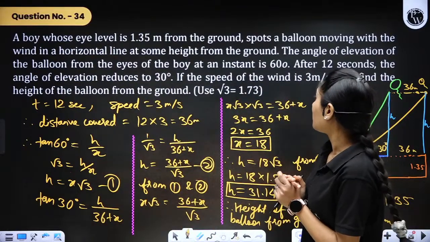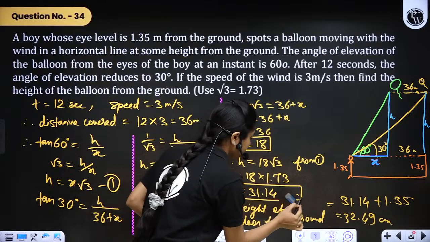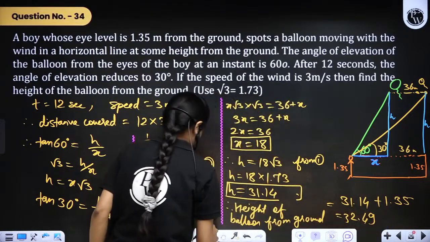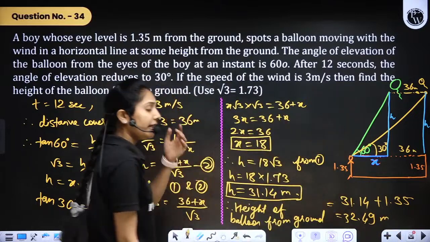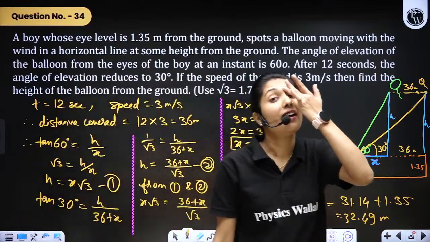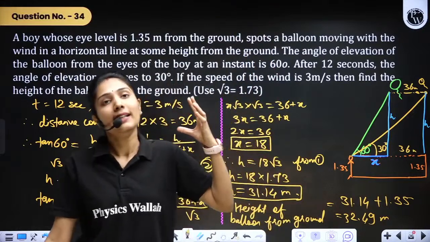Meter or centimeter? Meter, yeah, it's meter, not centimeter. 32.49 meter is our final answer. That's the height of the balloon from the ground level.